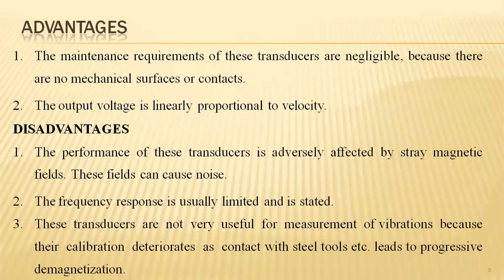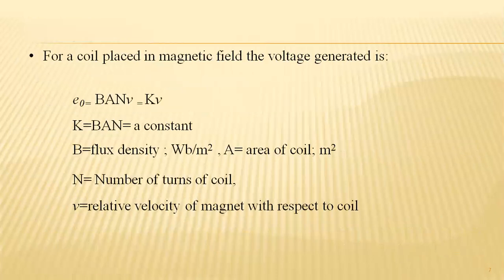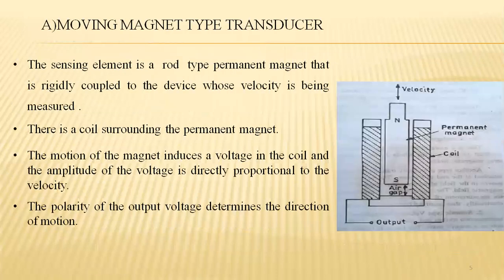Coming to the limitations, the performance of these transducers is adversely affected by stray magnetic fields. So this leads to irritating sounds, nothing but simple noise. So there is a greater disadvantage in the case of this electromagnetic type, or moving magnet type, of transducers.